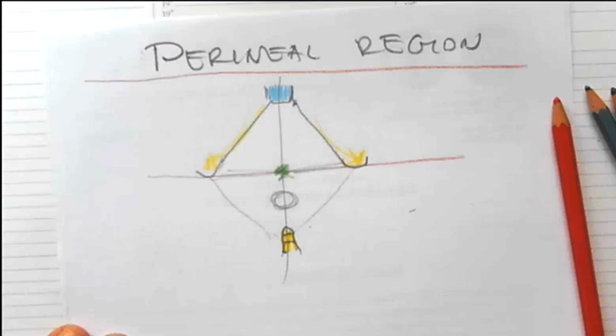Why not draw the internal pudendal artery? Yes, why not? Internal pudendal artery plus nerve, pudendal nerve, okay. Internal pudendal artery plus pudendal nerve, not bad to see.